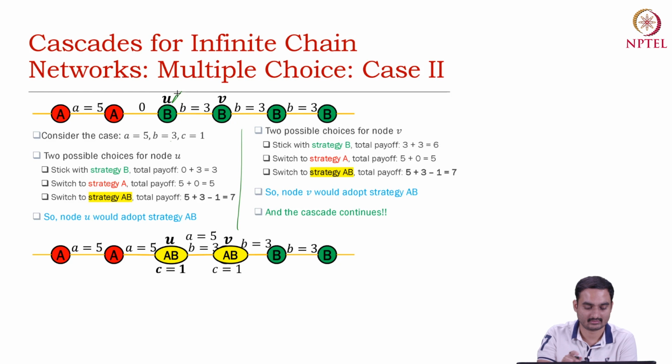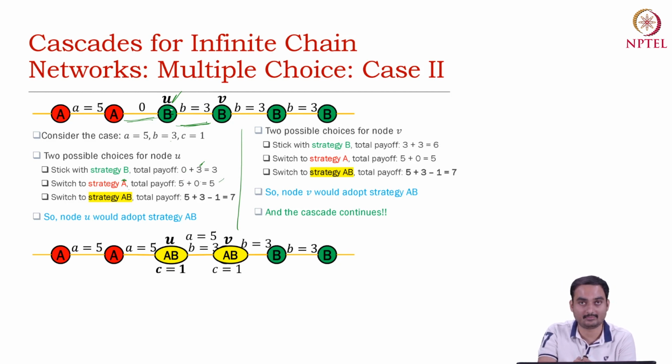So let's see for U, the same setting. If U chooses B, due to these interactions it would get small b payoff, which is 3, and due to this interaction it will get 0, so 3. If U chooses A, due to these interactions it will get 5, due to this it would get 0, therefore 5.